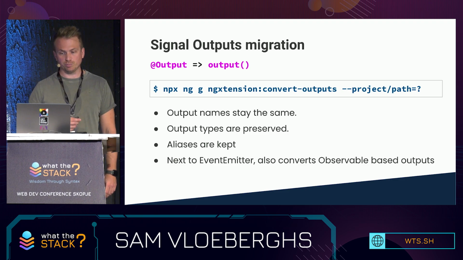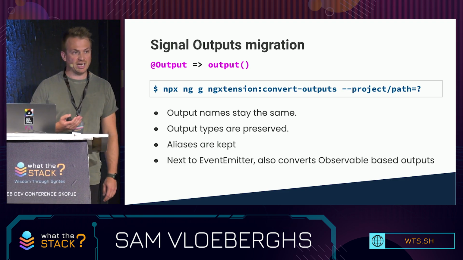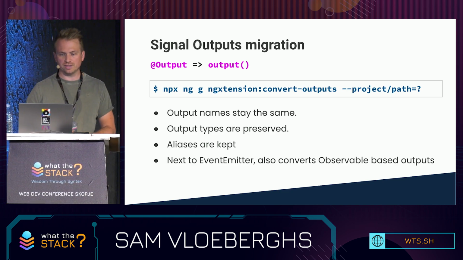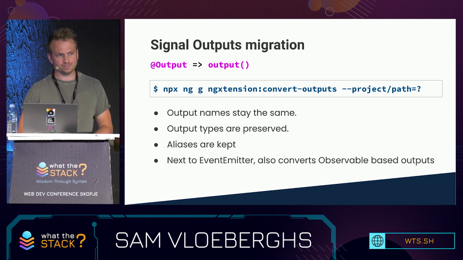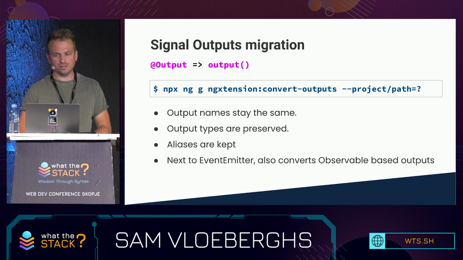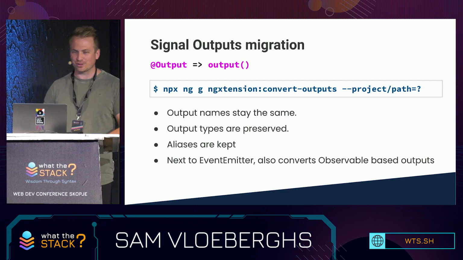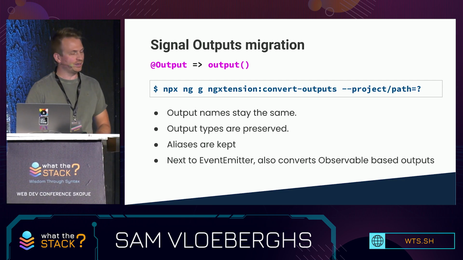In Angular version 17.3, a new output function was introduced. It was designed to align more closely with the input function and lay the foundation for signal components. And to assist with this transition, the ng-extension team has released schematics to handle the code migration automatically for you. So the same idea applies here.